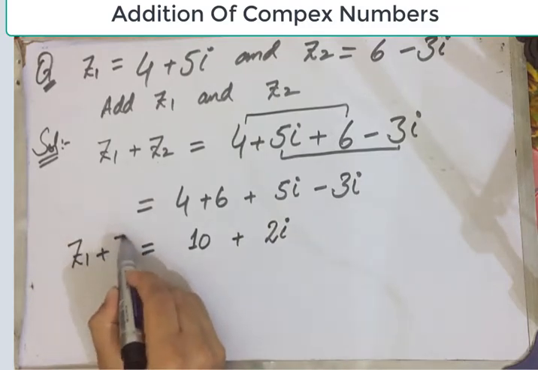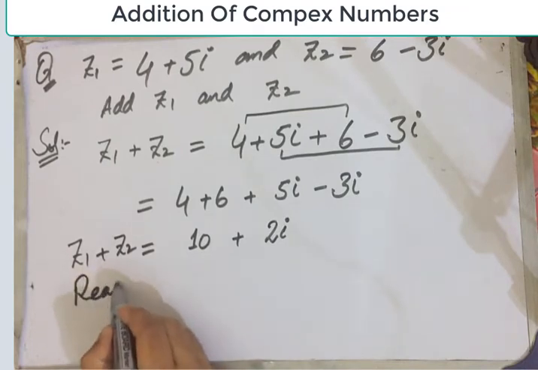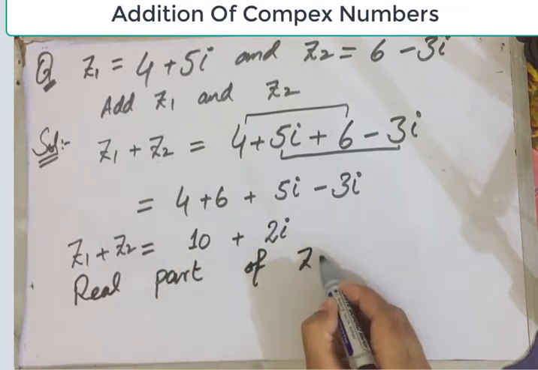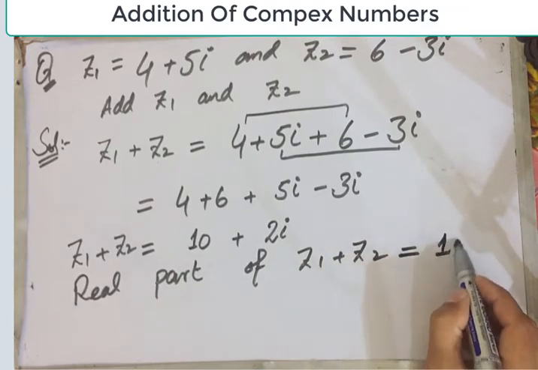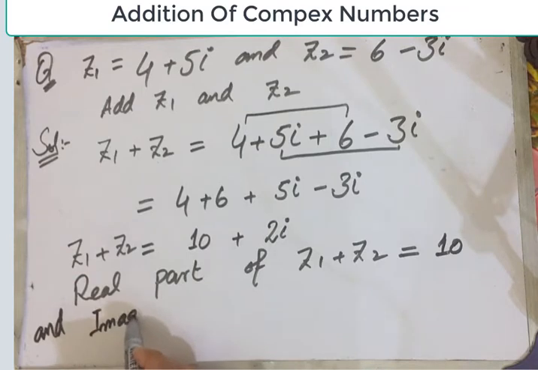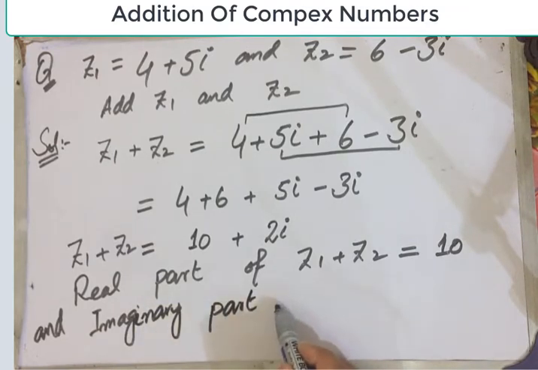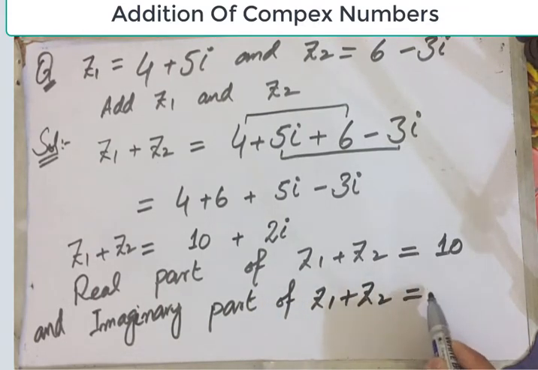This is the value of Z1 plus Z2. So the real part of Z1 plus Z2 is equal to 10 and the imaginary part of Z1 plus Z2 is equal to 2.